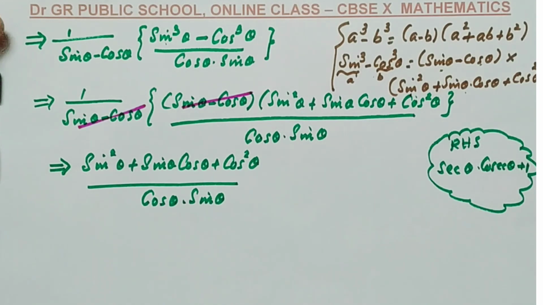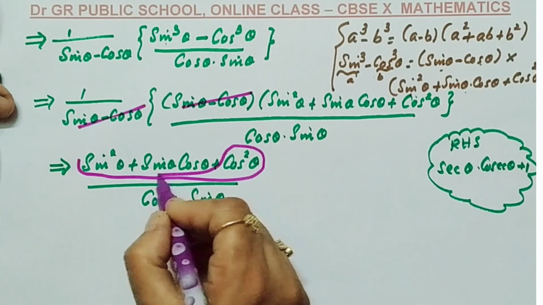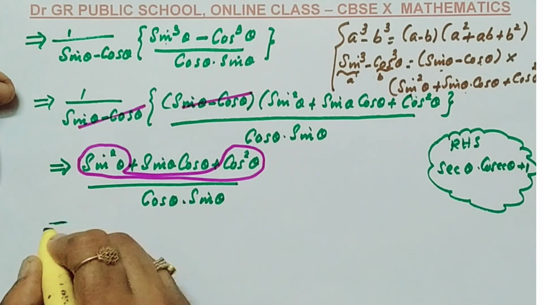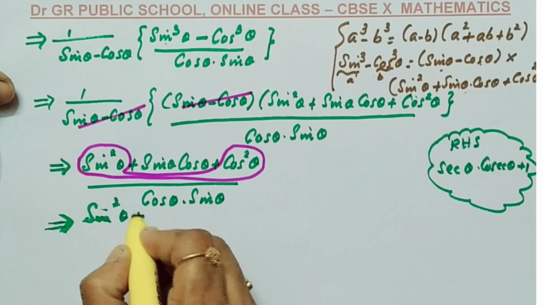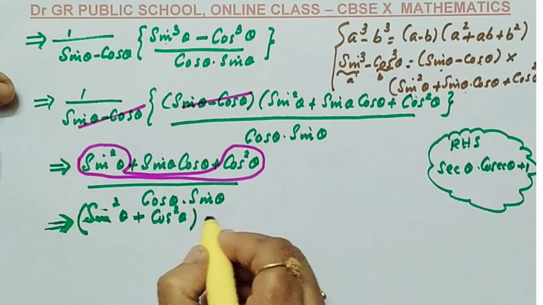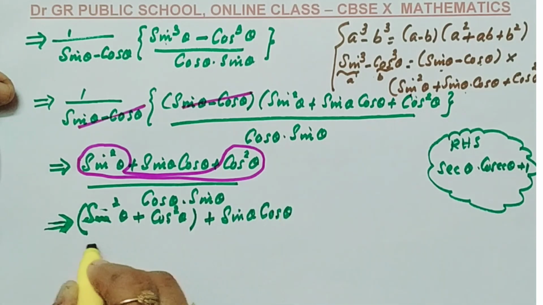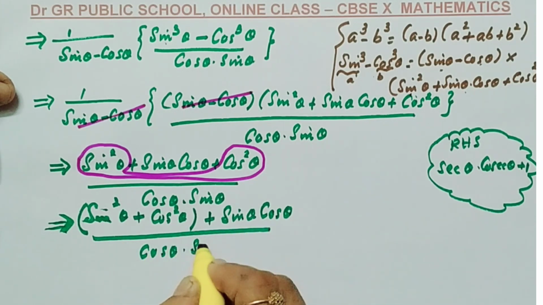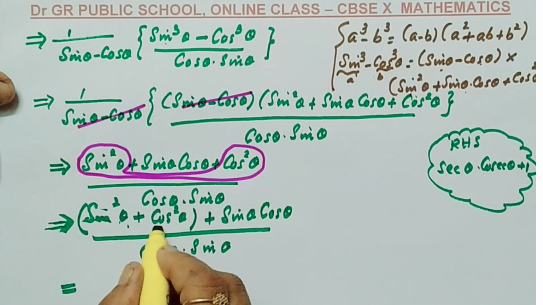We can simplify further. You know that sin square theta plus cos square theta equals 1. This we can arrange in one bracket, which implies (sin square theta plus cos square theta) in one bracket plus sin theta cos theta, the whole divided by cos theta sin theta.